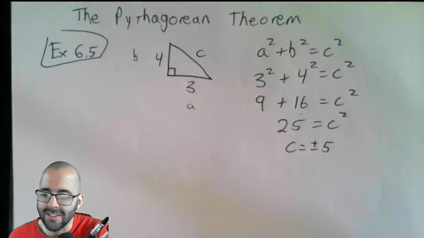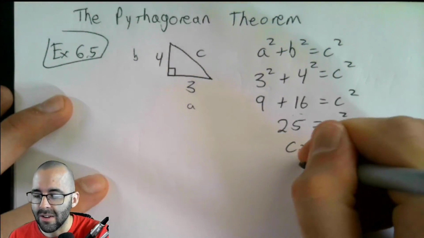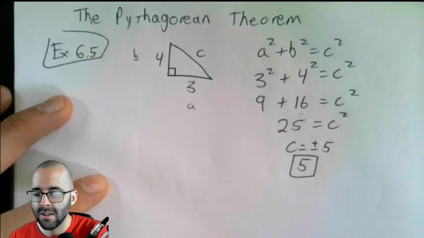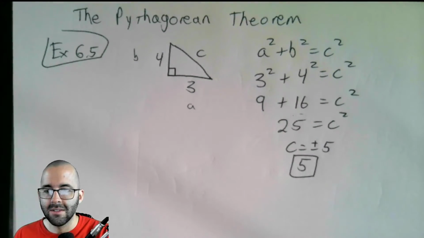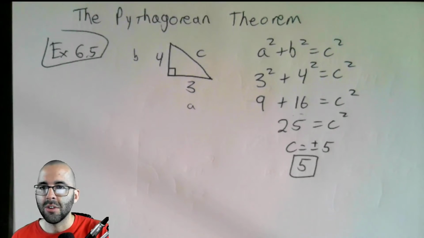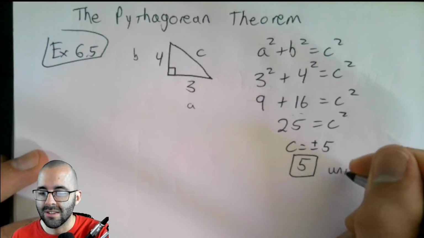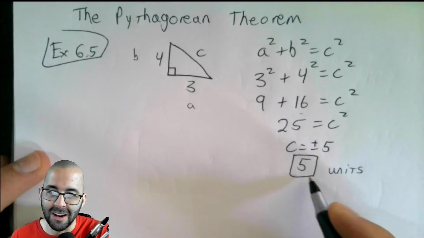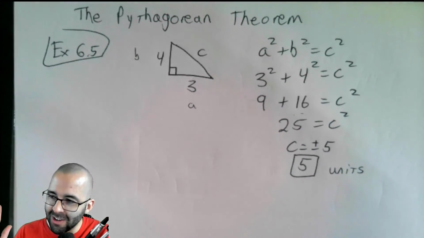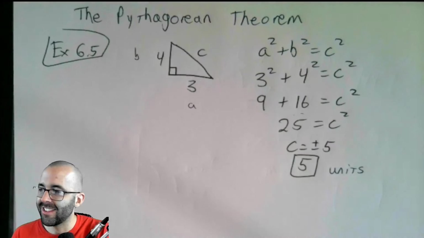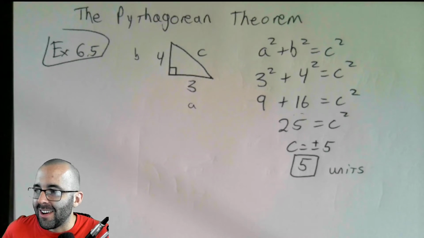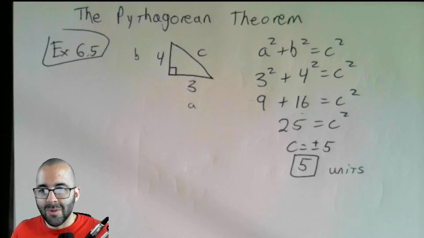We're not going to have a distance of negative 5. So we're just going to say the hypotenuse is just 5. Okay? So find the missing side. The missing side has length 5 of some kind of units. If you really want to be a mathematical superstar, you can write 5 units. But just 5 is enough. Okay? And that's what we're doing here.